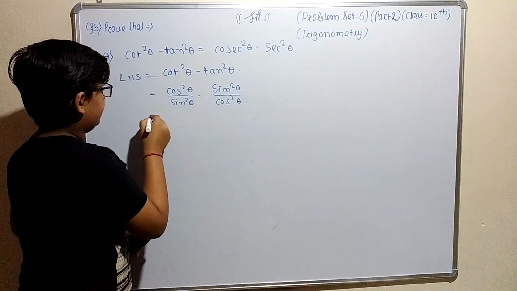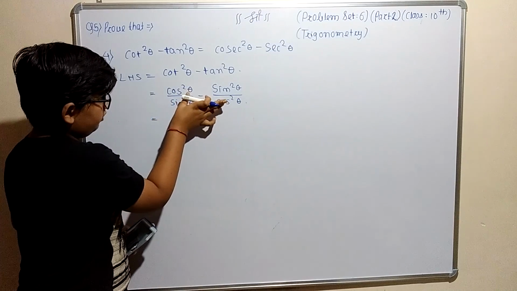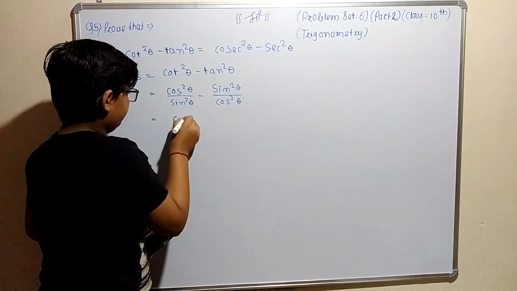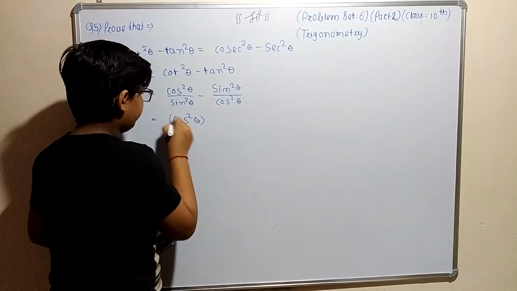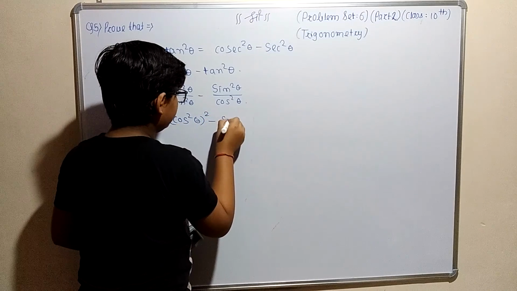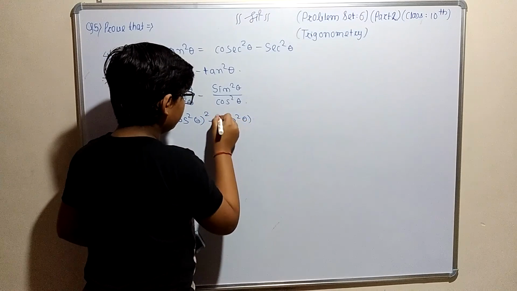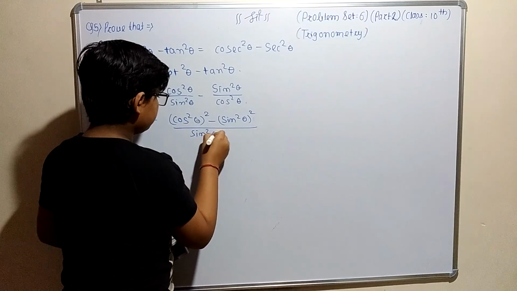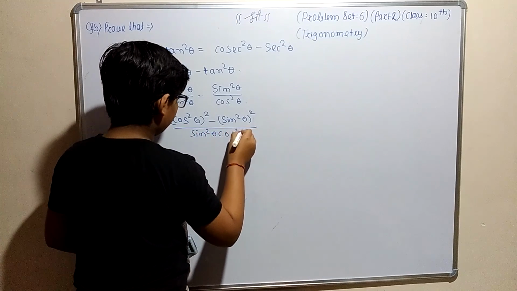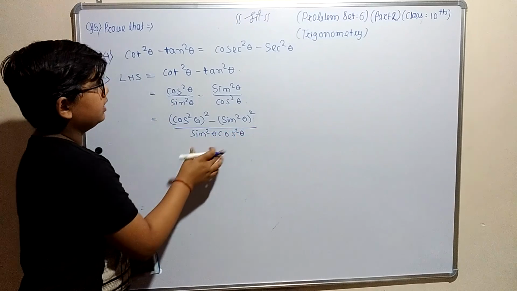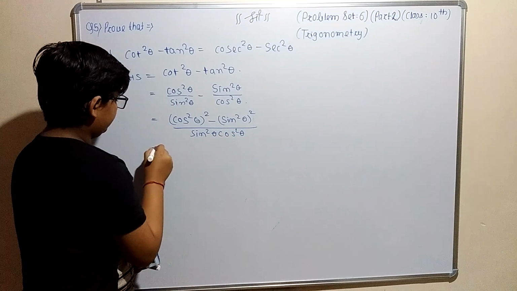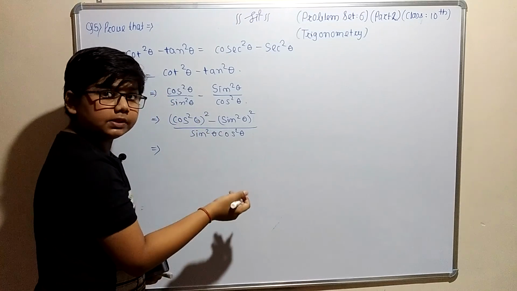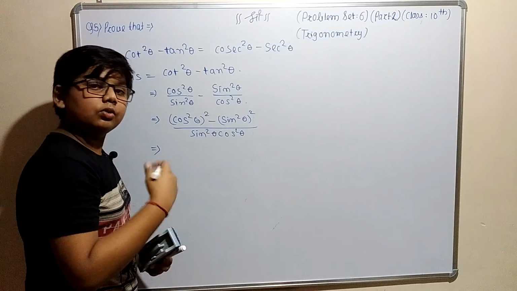Now cross multiply, so it will be cos square theta into cos square theta. So it will be (cos square theta) whole squared minus (sin square theta) whole squared divided by sin square theta cos square theta. Now we know that a squared minus b squared is equal to a plus b into a minus b.